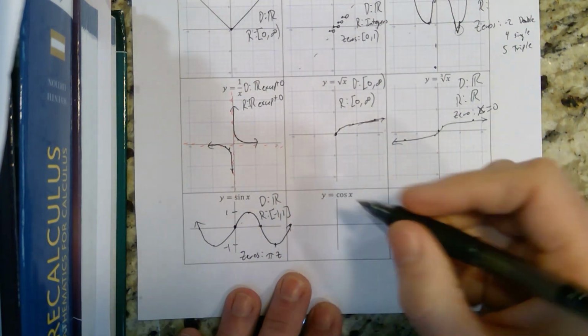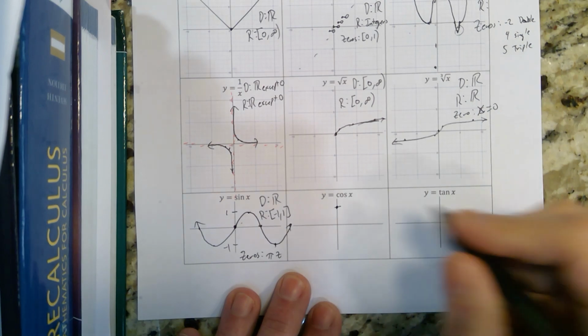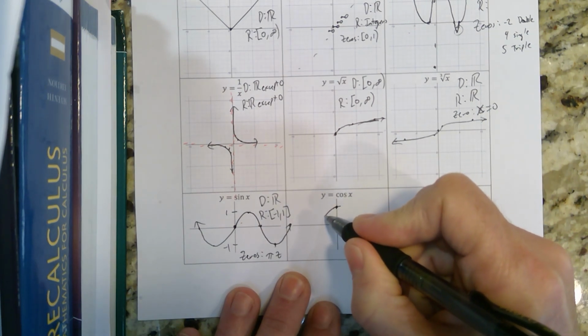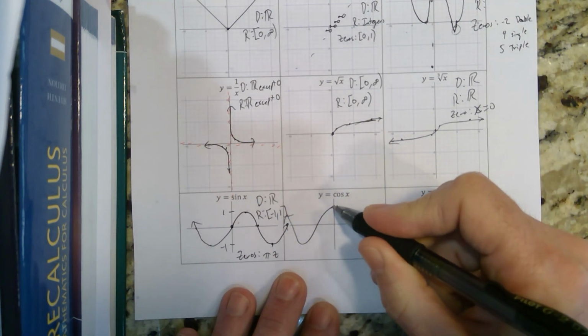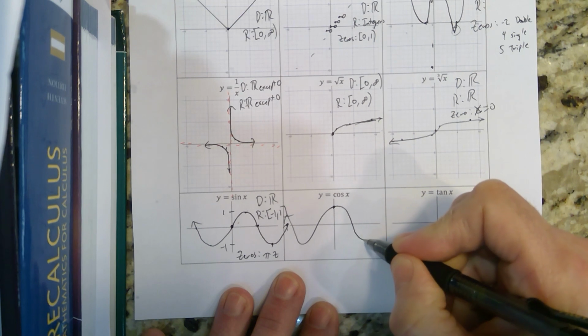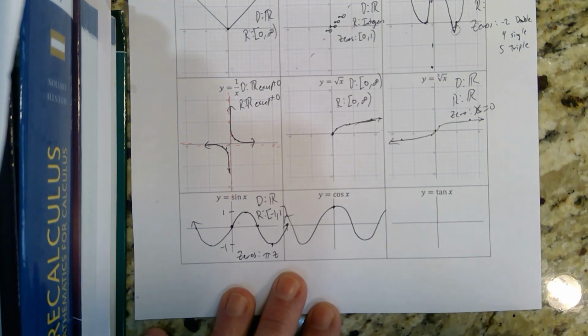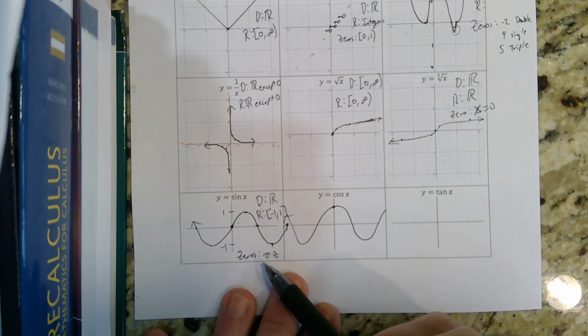Okay, moving on to cosine. Of course, very similar to sine, right? But instead of starting at the origin, we start at our maximum. Okay, so there's our cosine. Again, same domain, same range. The only difference is our zeros now.